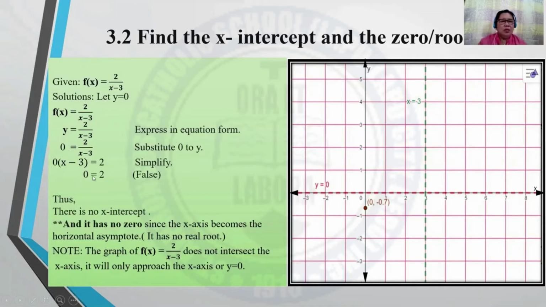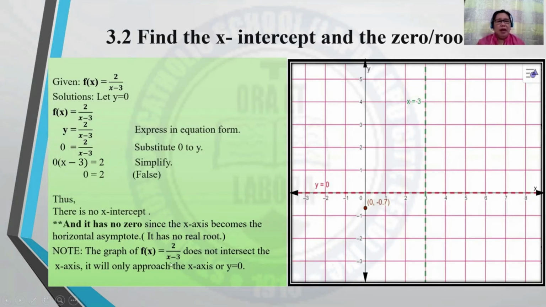So 0 is equal to 2, which will give us a false statement because 0 is not equal to 2. Thus, there is no x-intercept. So, if there is no x-intercept, there is no 0 or root. Because earlier, our x-axis becomes already the horizontal asymptote. So, it has no real root.